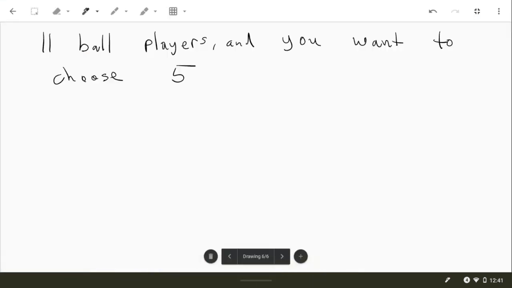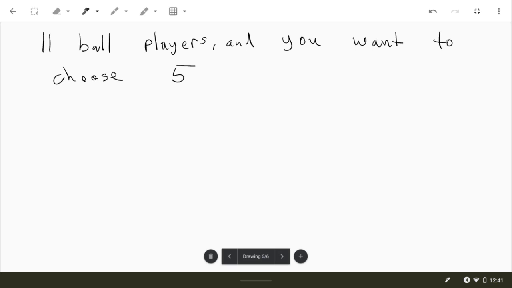All right, so this is a real similar idea. We've got 11 basketball players, and we're wanting to create a group of 5. We want to know how many ways can we choose 5 players from 11.